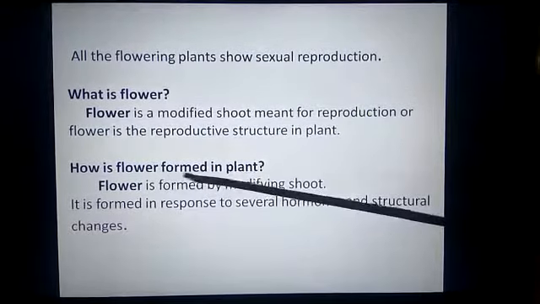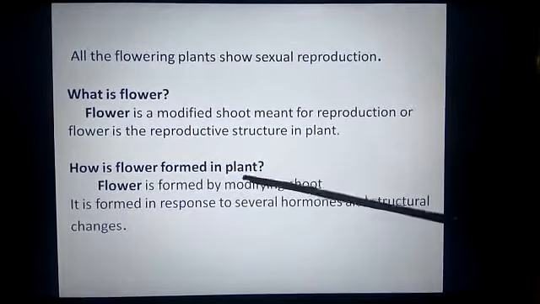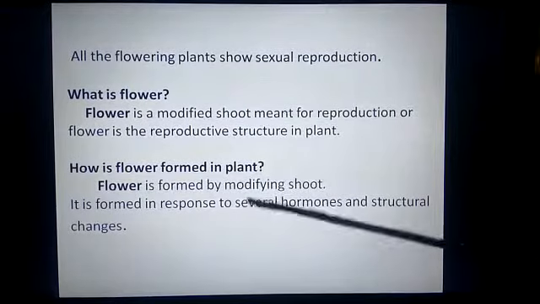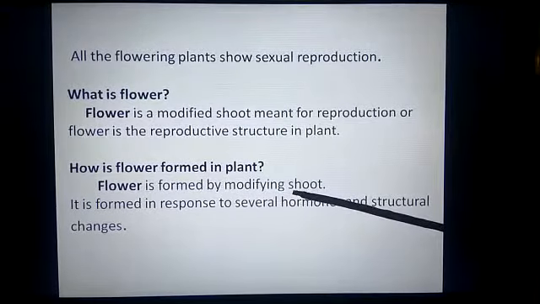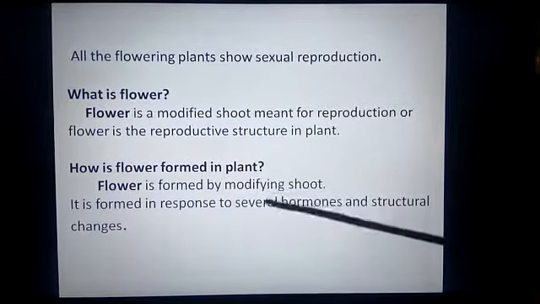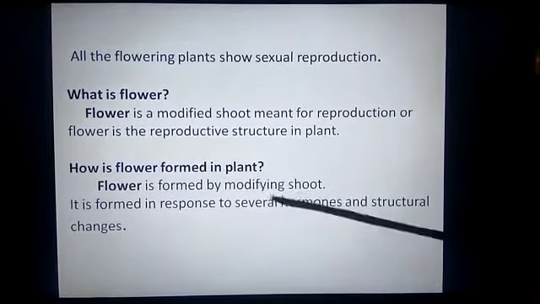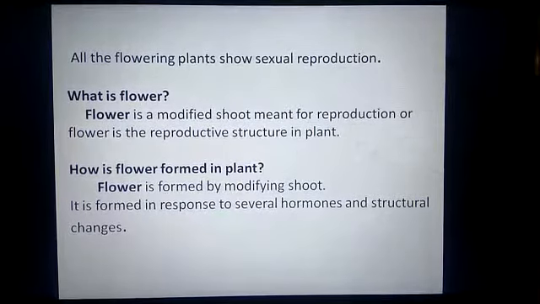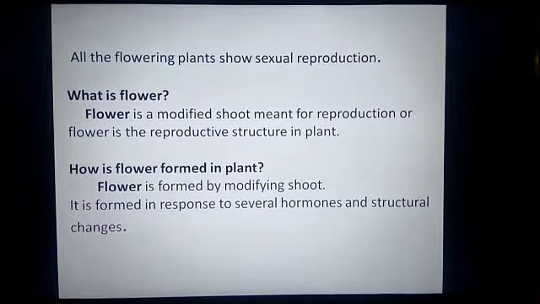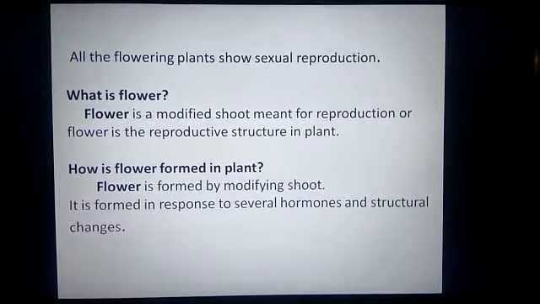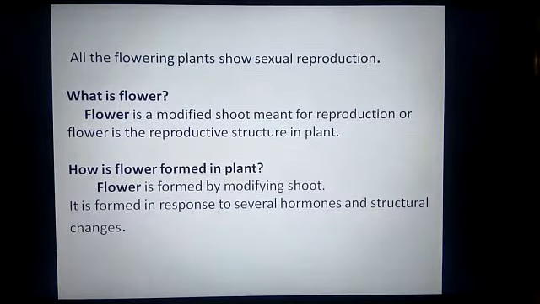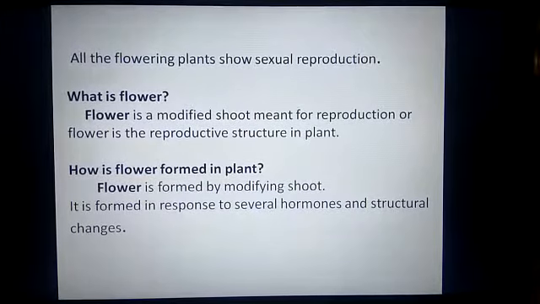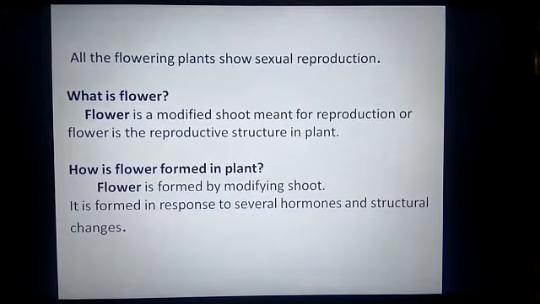How is a flower formed in a plant? A flower is formed by modifying the shoot. The shoot undergoes modification. When will the shoot undergo modification? When the plant reaches a state of maturity. Even in the last class we discussed that all organisms must reach a stage of maturity before they can undergo reproduction sexually.